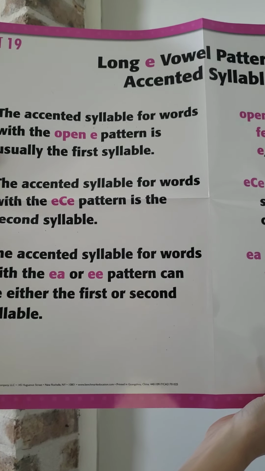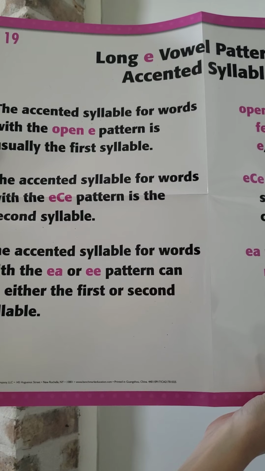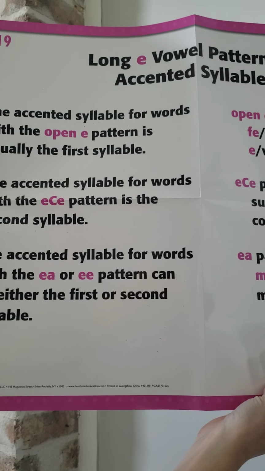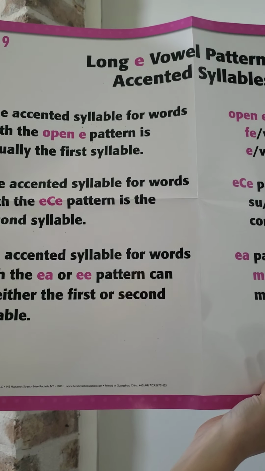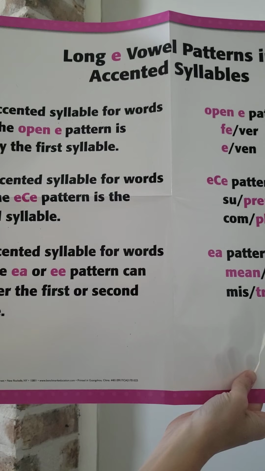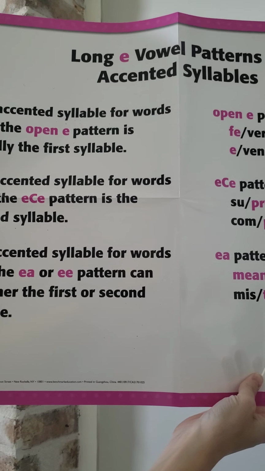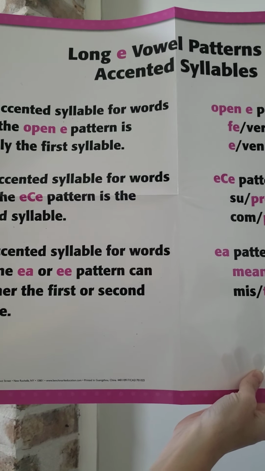And then we have an example of an EA pattern that's accented in the second syllable, and that word is mistreat. Let's look at the EE pattern examples. In the first syllable, we have greeting. That long E is accented in the first syllable. And then succeed, you can hear that long E accented in our second syllable.